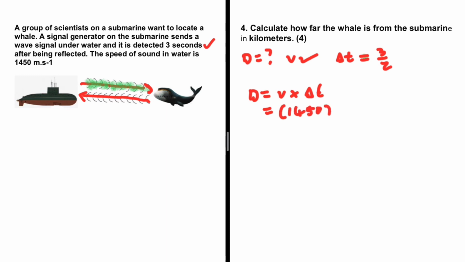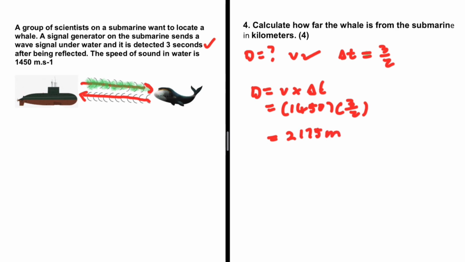That is the speed of sound in water. Water is denser than air, so the speed should be more than that in air. So 1,450 multiplied by 3 divided by 2 is equal to 2,175 meters. And there we go.